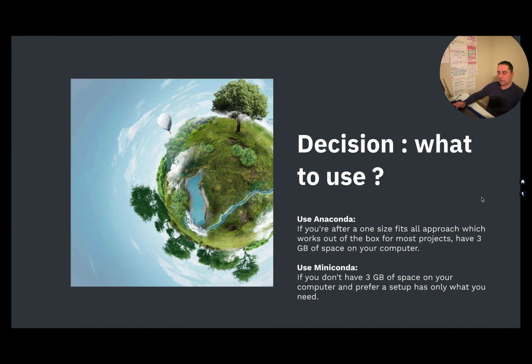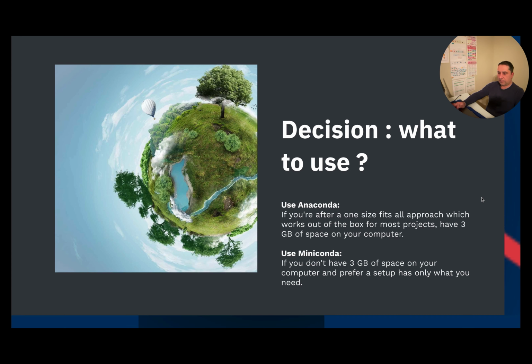So what to use? We use Anaconda if you are after a one-size-fits-all approach, which works out of the box for most projects, and have 3 gigabytes of space on your computer. Use Miniconda if you don't have 3 gigabytes of space on your computer and prefer a setup which has only what you need.